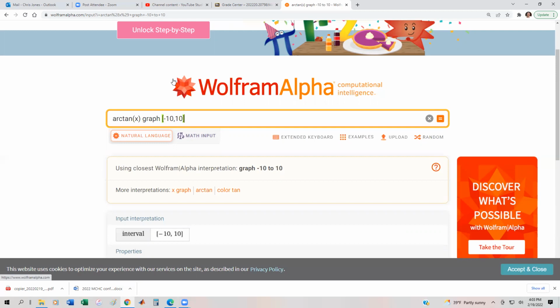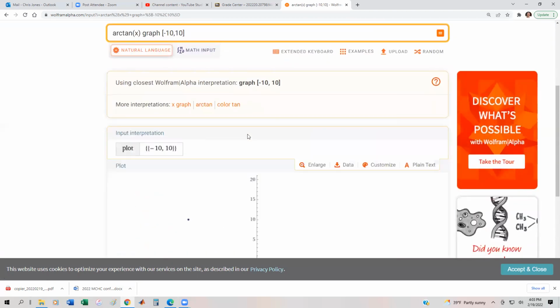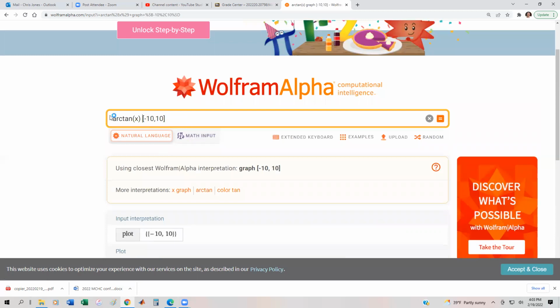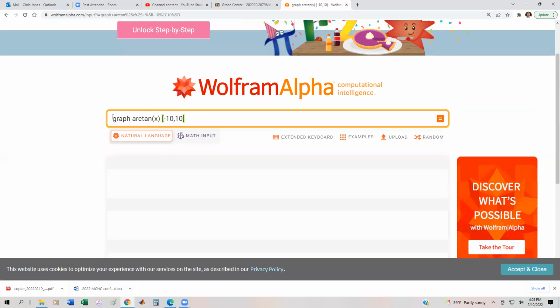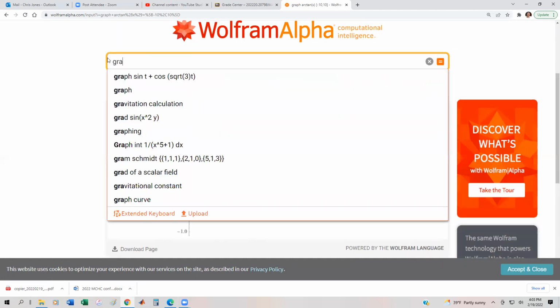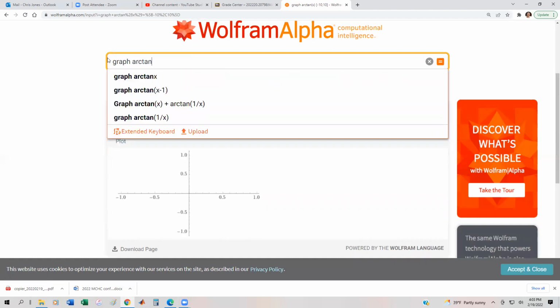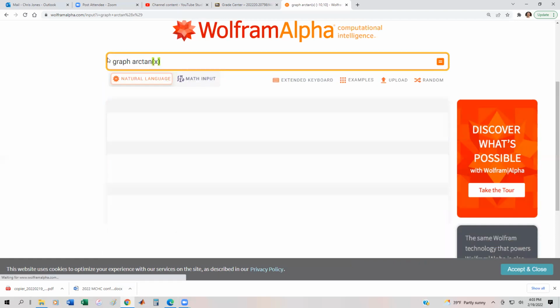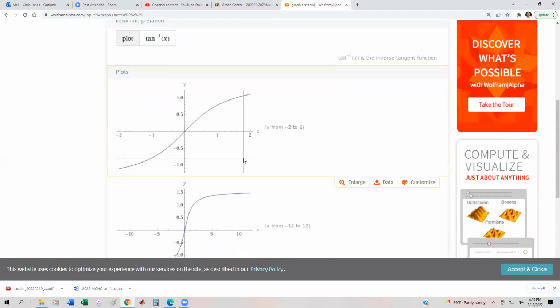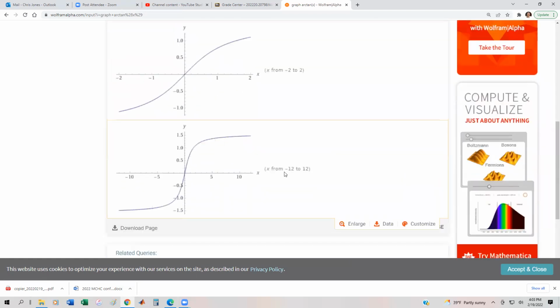Maybe that'll work. Nope. Okay, so let's just graph arctan of x. Frustrating. Or we can just scroll down here a little bit.